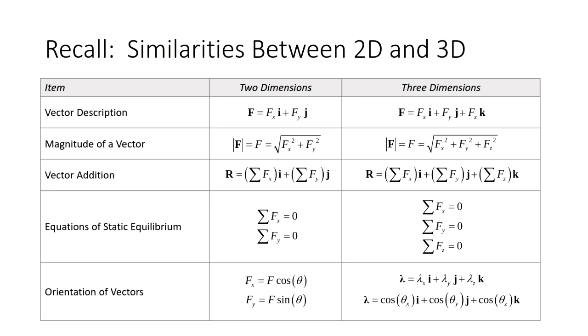We're going to use our Casio, but we're going to have to use the 3x3 solver. And we also talked about orientation of vectors, but that was actually pretty easy because we can just use our unit vectors and then take the inverse cosine of all of those unit vector components, and boom, we get the directional cosines, or the angles from the x, y, and z axes to the vector in question.